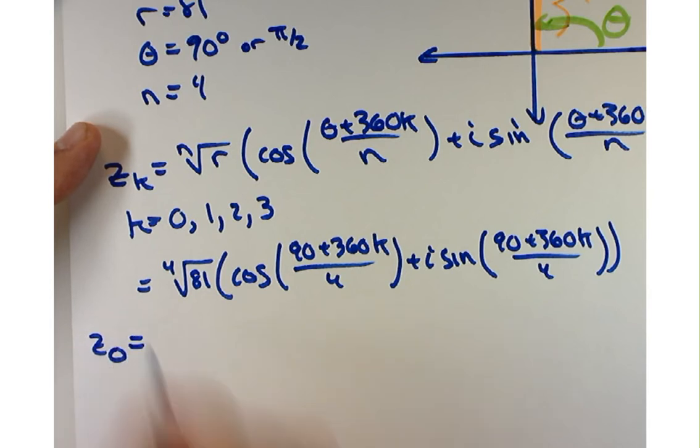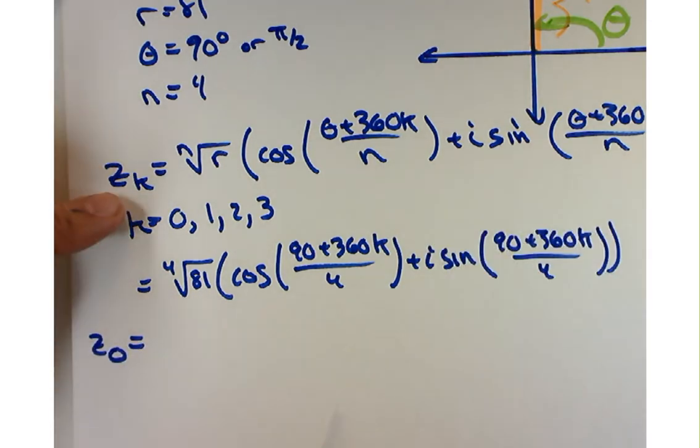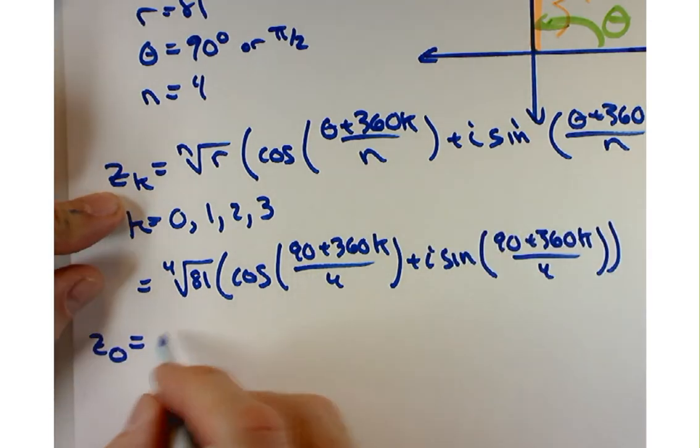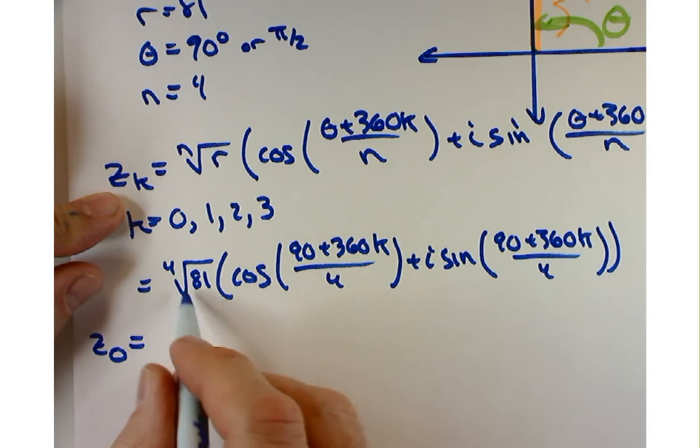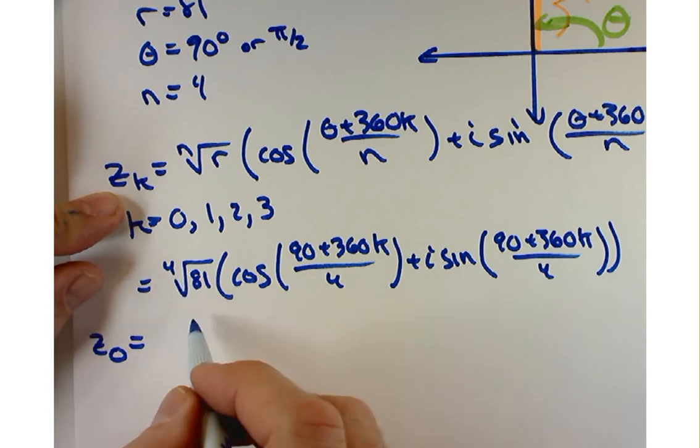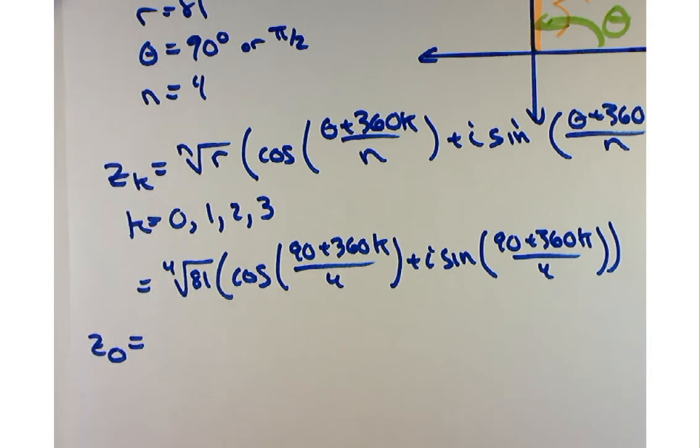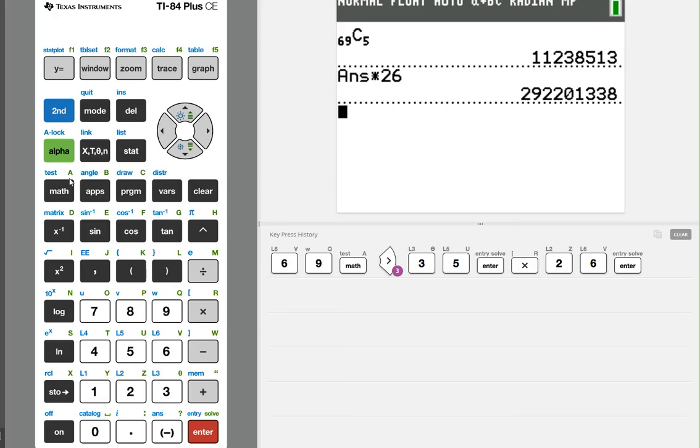Z sub 0. If I put in a 0 for k, then I'll end up with the fourth root of 81. Does anyone know what the fourth root of 81 is? Or how to find that fourth root? I'll help you out. You go back to the math menu. It is 3, yes.